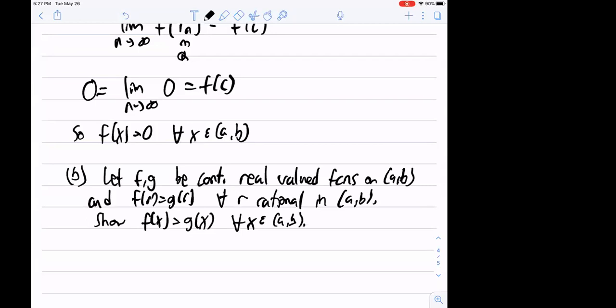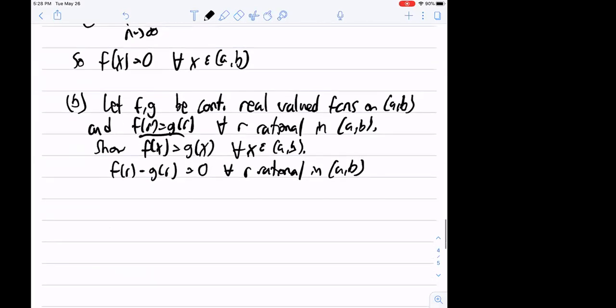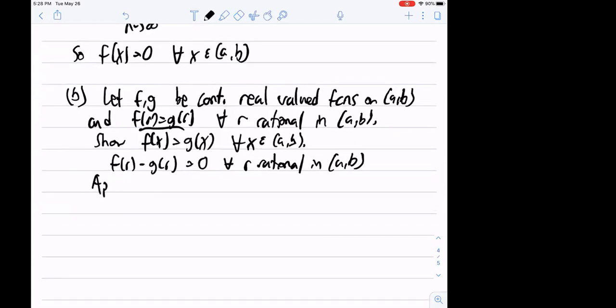I'm not going to do this because it's one line. This is the same as saying F of R minus G of R equals 0 for all R rational in AB. So if you call this part A, just apply part A to the function F minus G, and then you're done.